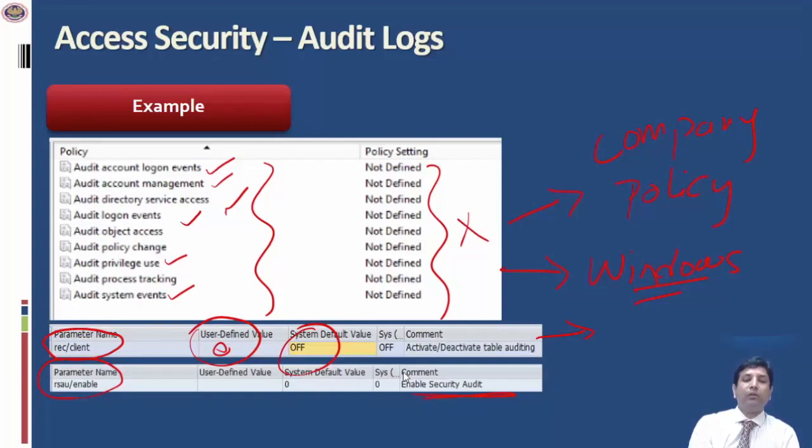Some of the examples could include who are the users who are logging in, which specific functions a user has processed, and there are several other events that can be logged. However, in this case again, as we have seen, the value has been set to 0, which means the logging is not enabled. This has to be a value of 1, and then the system will start recording the auditing events.